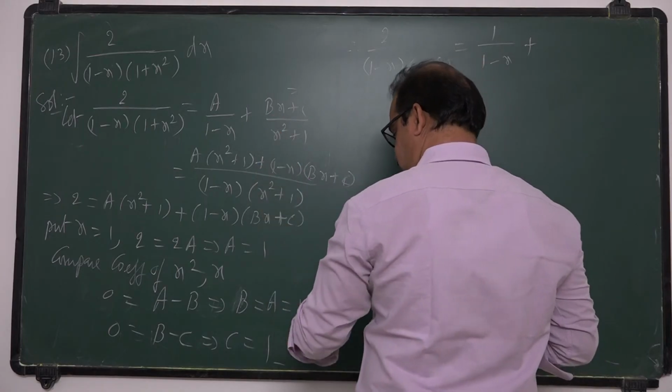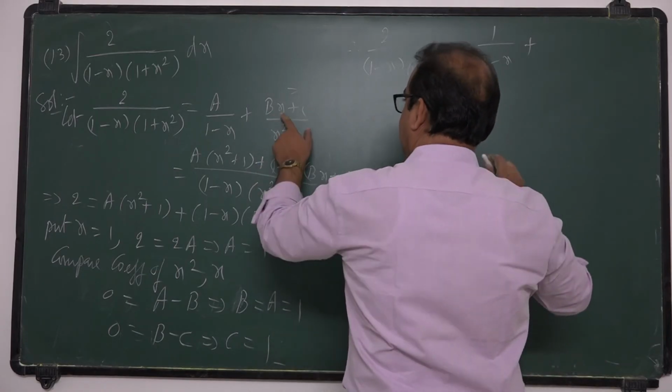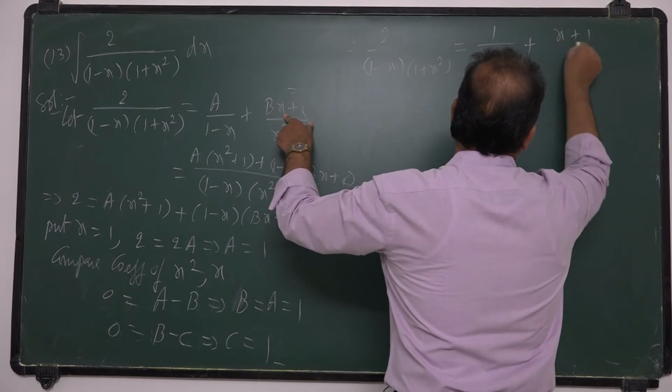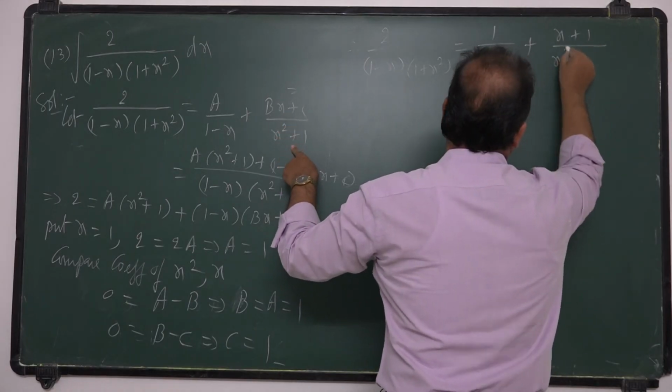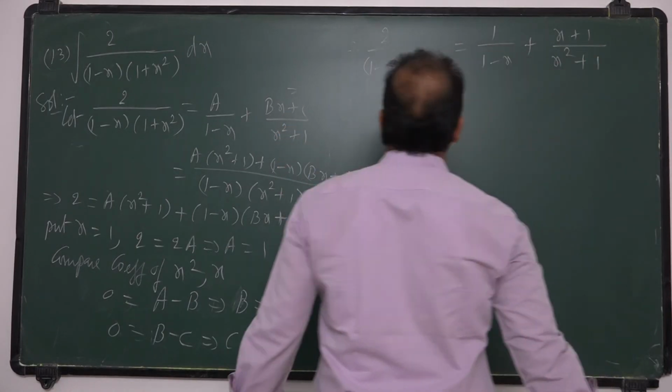What is the B value? 1. C value 1. So we get (x plus 1) by (x squared plus 1).